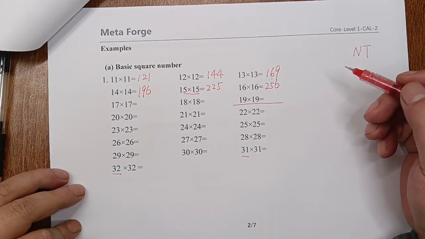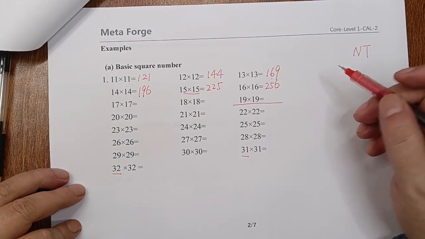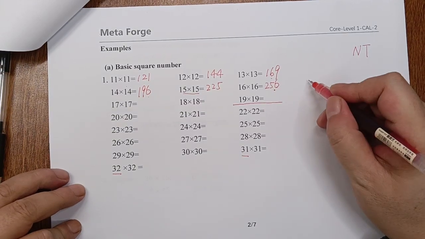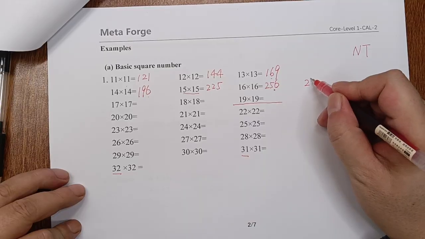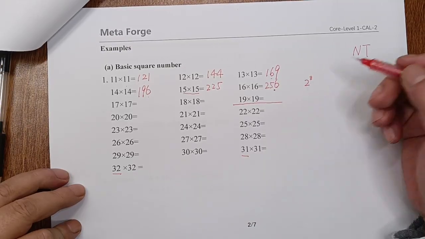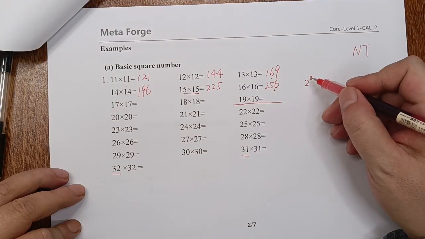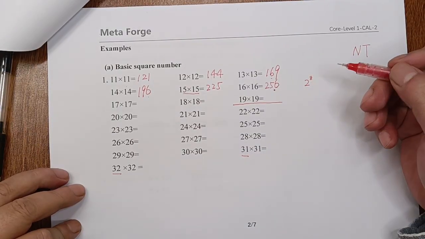Here, 256. This number is very important. That means 8 twos multiplied together, or 2 power 8.